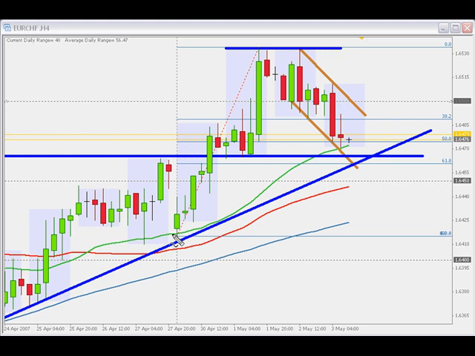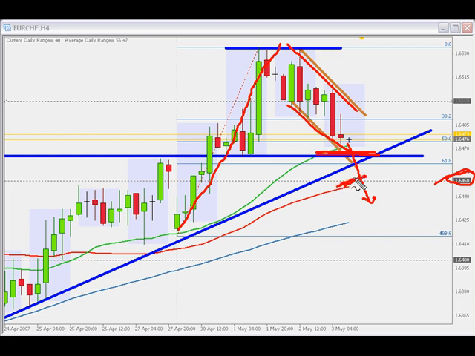So what's the trade plan? Okay, we have the bullish flag, and this is the level we want to hold, the critical support level.